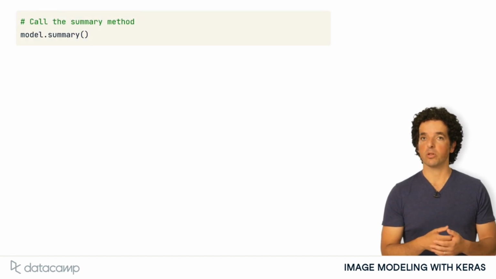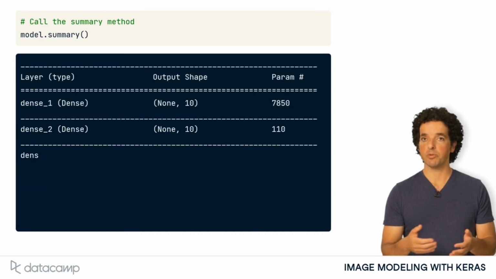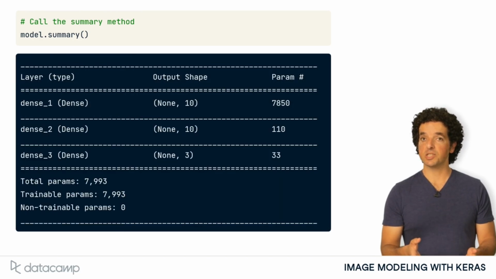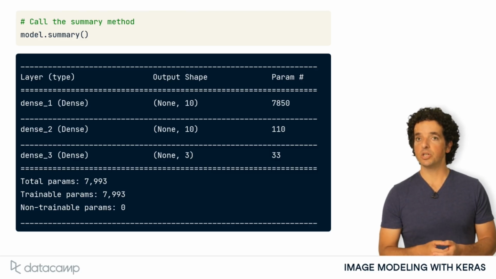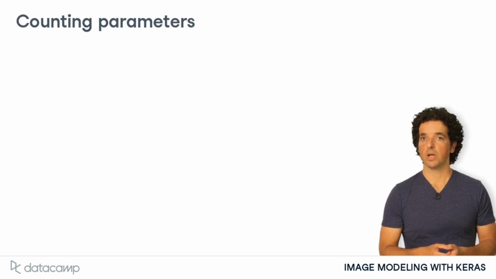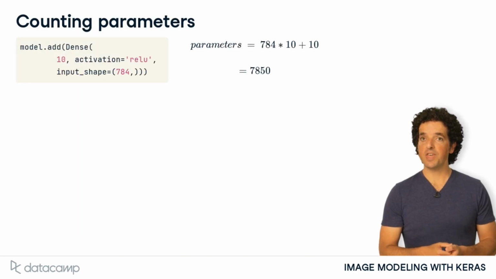When you construct a Keras model, you can get a description of this model by calling the model's summary method. This tells us that the total number of parameters in the model is 7,993. The first layer has 7,850 parameters. That's one for every pixel in the image, 784 pixels, times the number of units in this layer, 10 units, plus 10 parameters for bias terms in every one of these units.